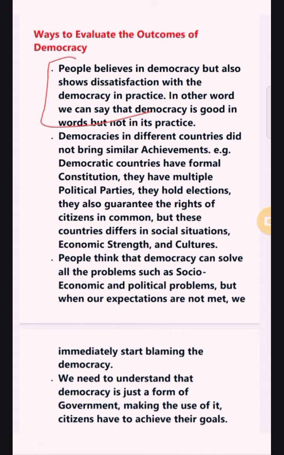So democracies have shown dissatisfaction when in practice. In principle it is very good, but in practice it is not so good. Now let us discuss how democracies in different countries didn't bring a similar achievement. For example, democratic countries have a formal constitution.